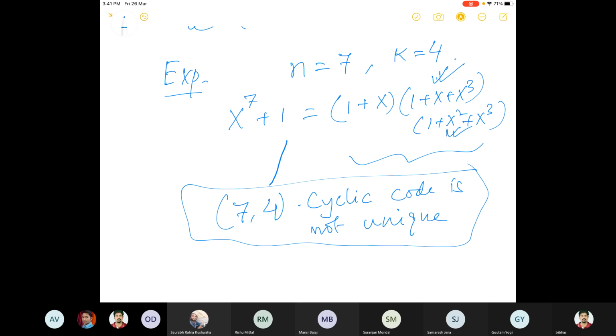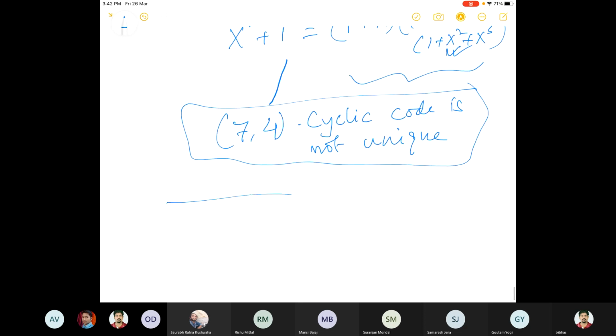So do I have to give you the algorithm, or is the algorithm known to you now? I can just write it as an algorithm. What will be step 1? I want to construct an (n, k) cyclic code.